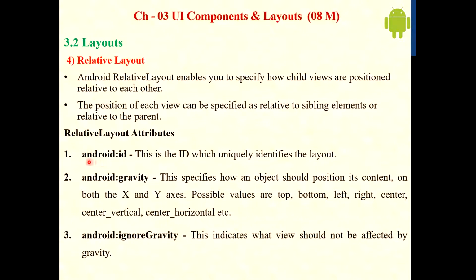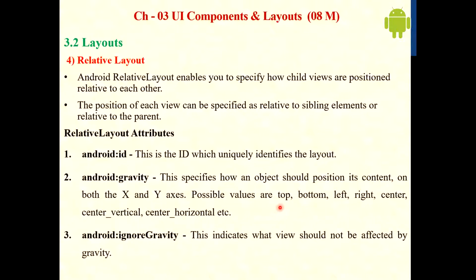First one, android:id. This is a common attribute. This is the ID which uniquely identifies the layout. Next, the second attribute is android:gravity. This specifies how an object should position its content on both X and Y axis.